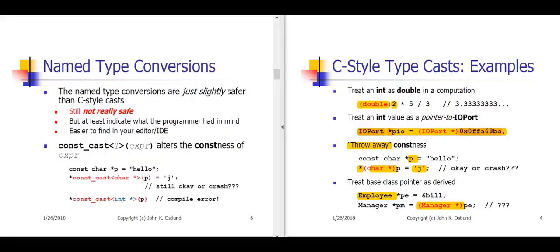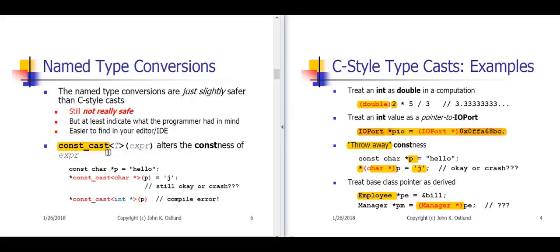The named type conversions that we're going to take a look at here starting on slide 6 with const_cast were introduced as a somewhat safer and somewhat more clear method for standardizing the 4 different uses of casts that we've illustrated back on slide 4 with our C-style casts.